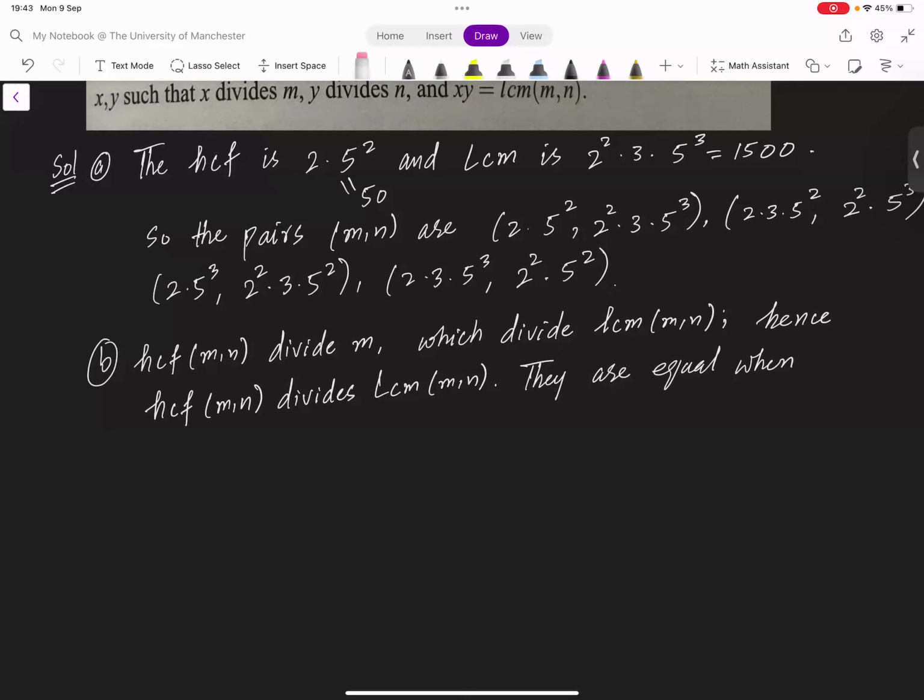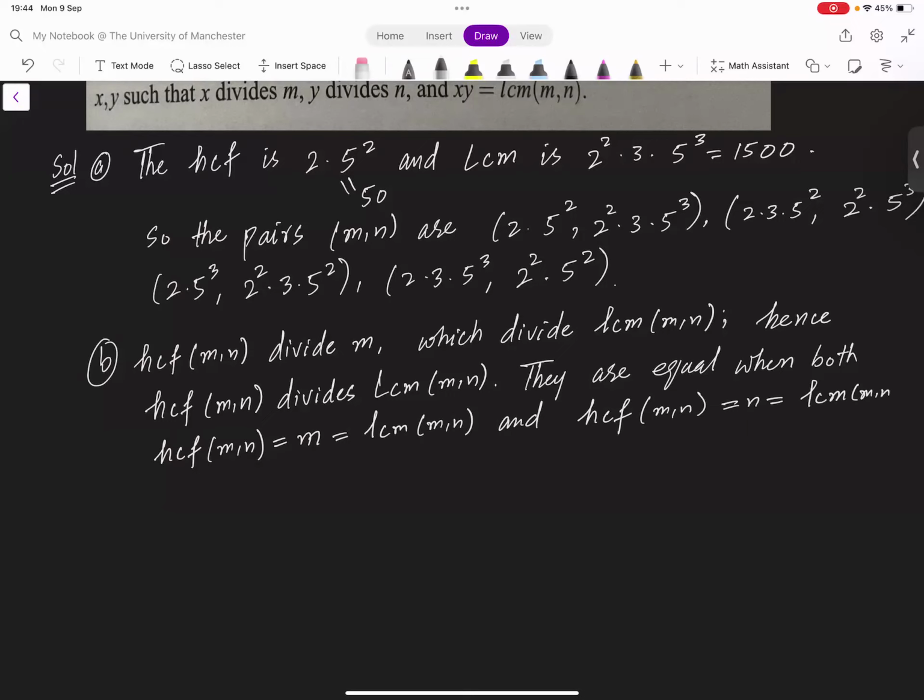Now HCF and LCM are equal when HCF of m comma n is m and LCM of m comma n is also m, and HCF of m comma n is n and LCM of m comma n is also n. This is possible when m is n. Right.